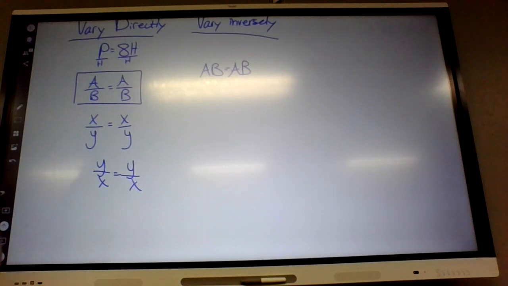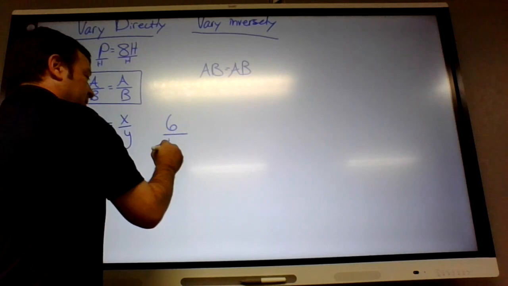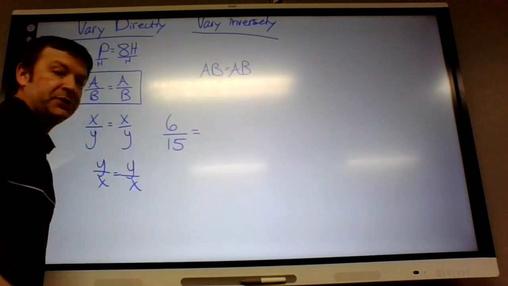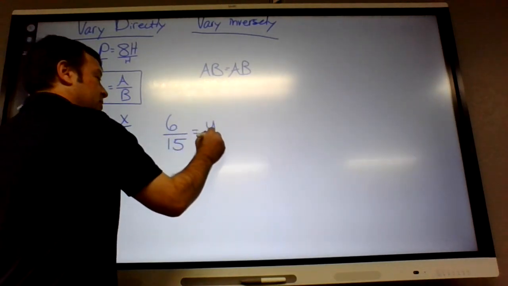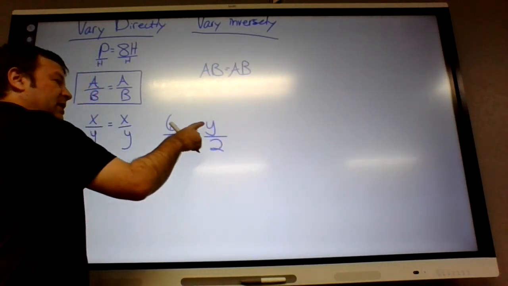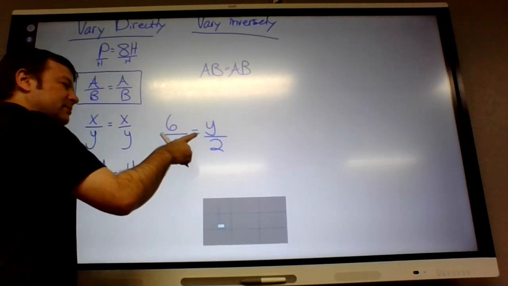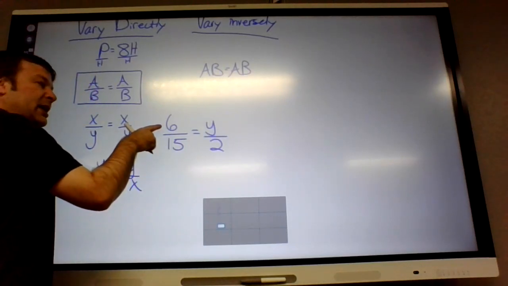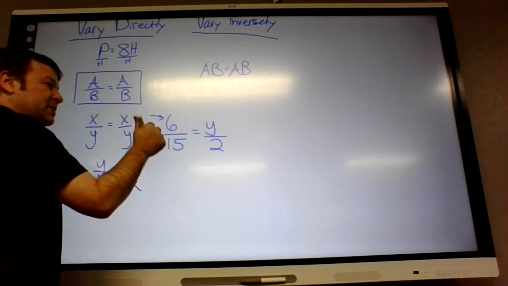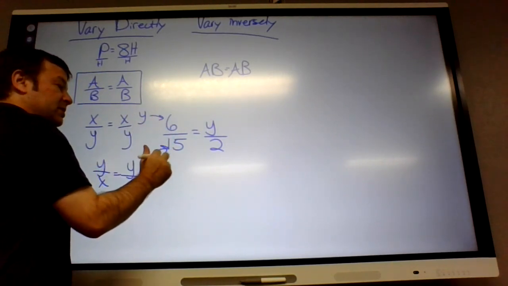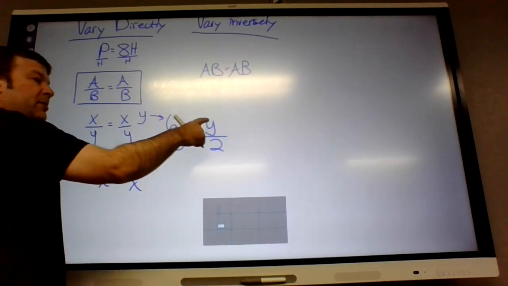So if y is 6 when x is 15, that should be equal to find y when x is 2. Now, how did I know to put y on the top right there? It's because I put y on the top over here. They said when y is 6, x is 15. Then they said find y if x is 2. So if I put y on the top over here, I've got to put y on the top over here.